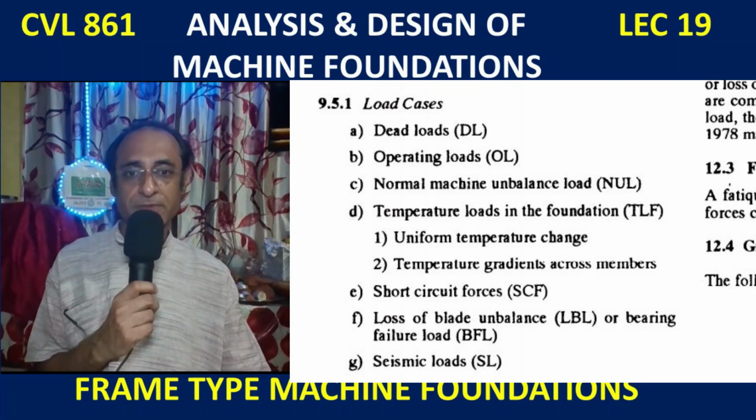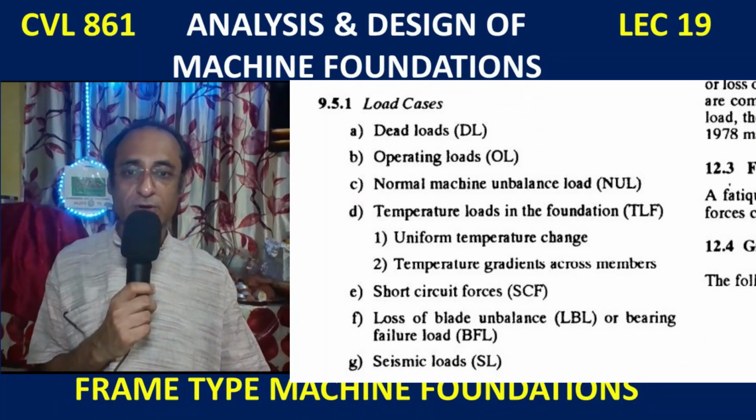Then the temperature loads, where we have to consider uniform temperature change and also the temperature gradients. Then short circuit forces, specified by the manufacturer. Then loss of blade unbalanced force or bearing failure, also provided by the manufacturer. Then seismic loads, which we have to calculate ourselves.